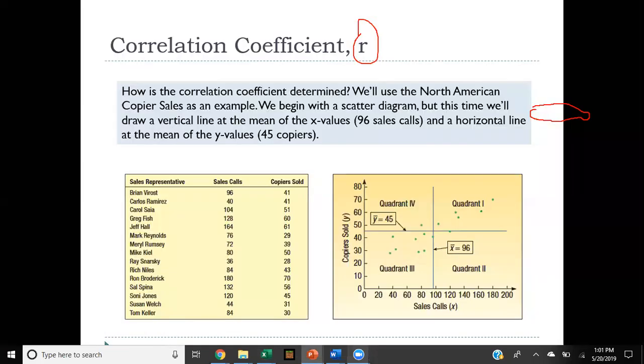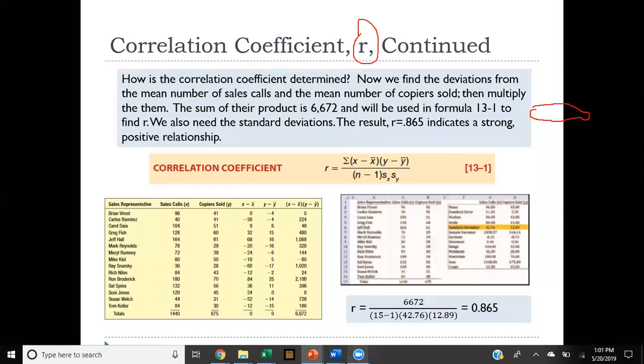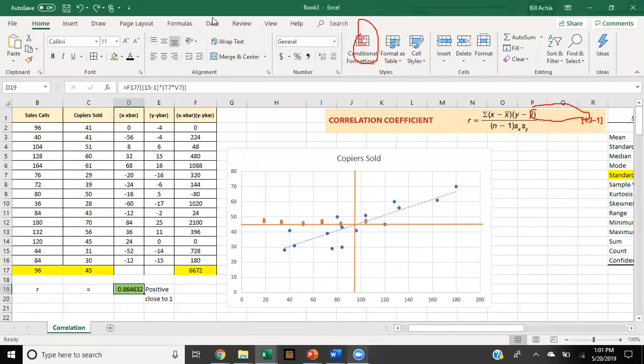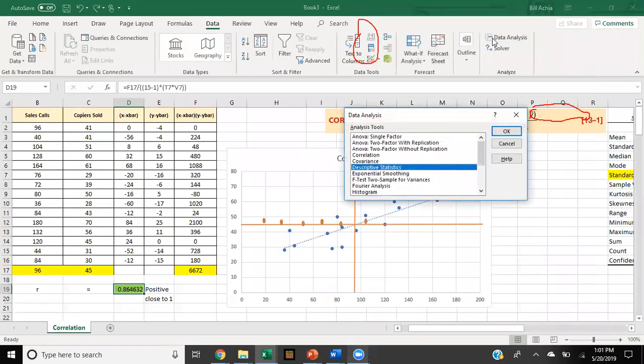Okay, so that's how we go about calculating your correlation coefficient in Excel. And please take a moment and try and calculate this on your own and see if you can come up with the different data values that are found in your PowerPoint presentation, and then test yourself in using the descriptive statistics option that's found up in Data and under Data Analysis.